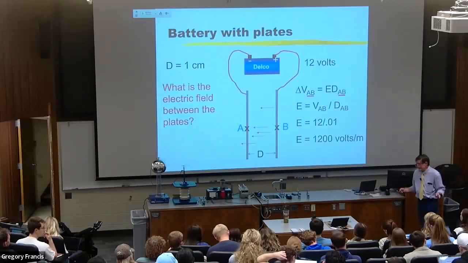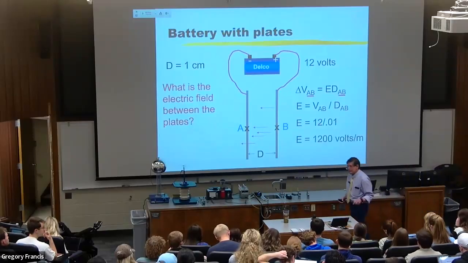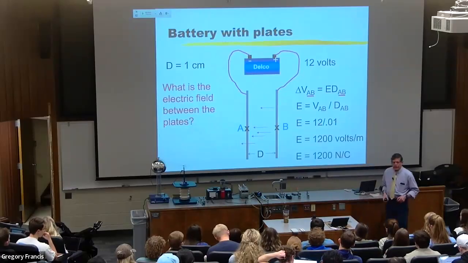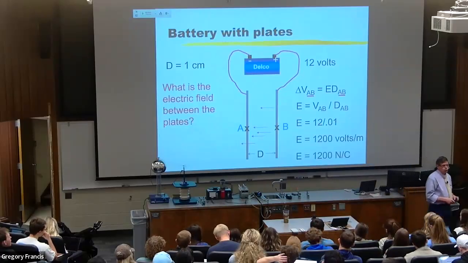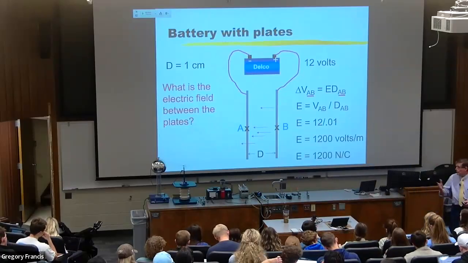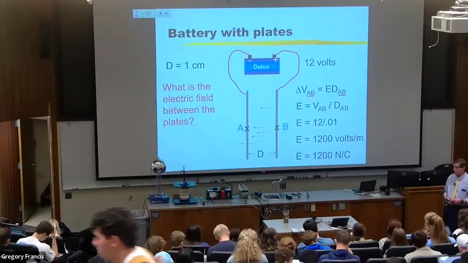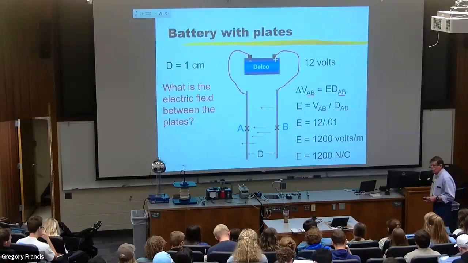Now it's really, really easy, trivial indeed, to show that volts per meter is exactly the same as newtons for each coulomb. And so those are equivalent. We can talk about the electric field in volts per meter, or in newtons for each coulomb.